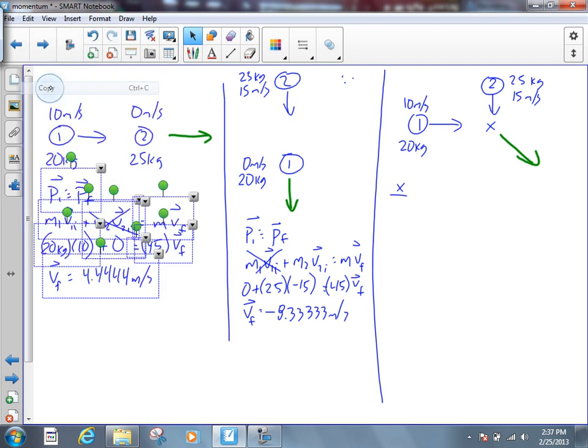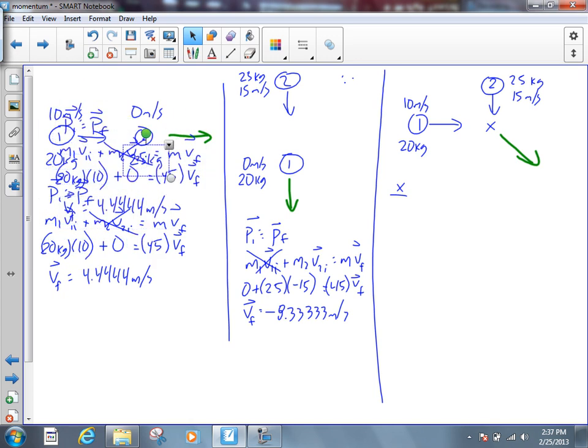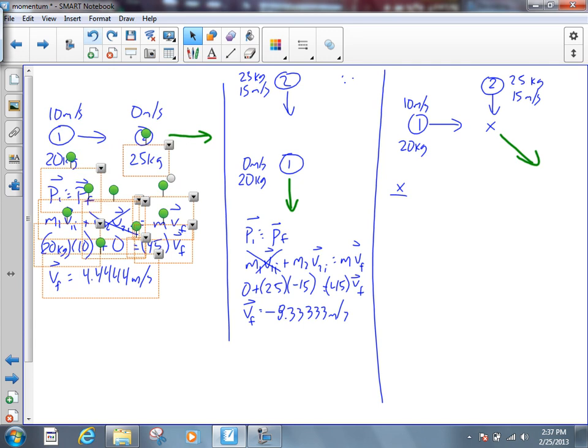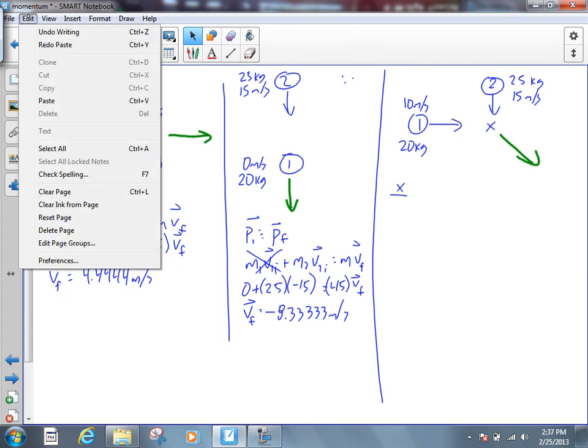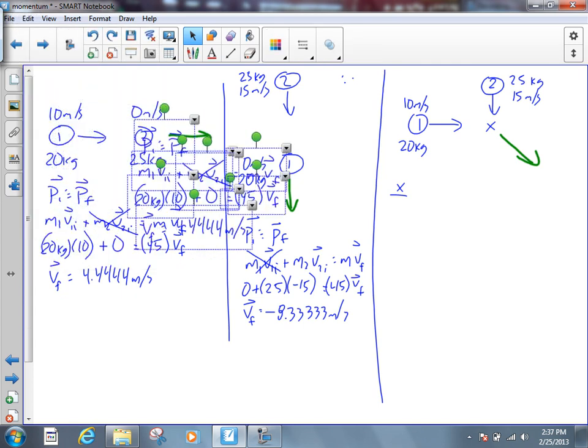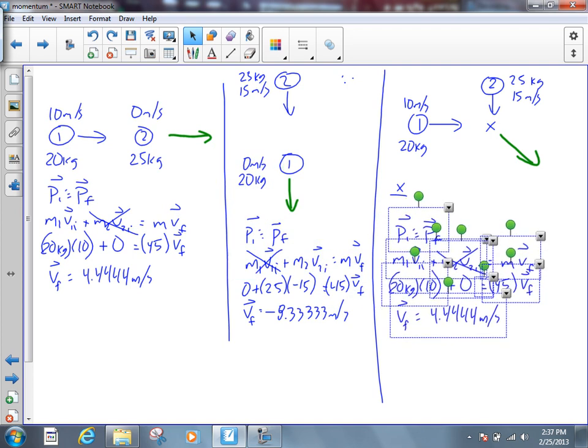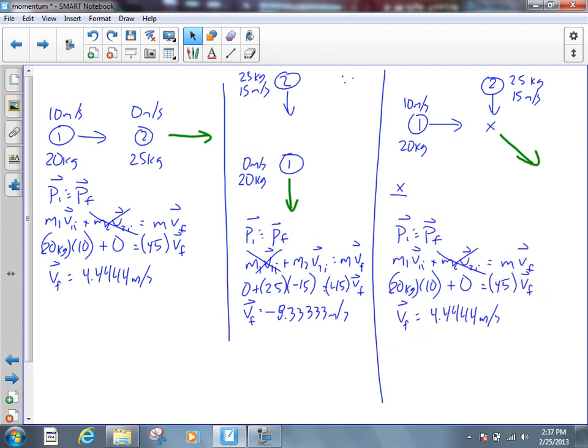So much so that I can actually copy and paste the work that I did. I can copy over the work that I did in question number 1. Why is it okay to do the exact same thing for the x component of this problem that I did for the first problem that we did today?